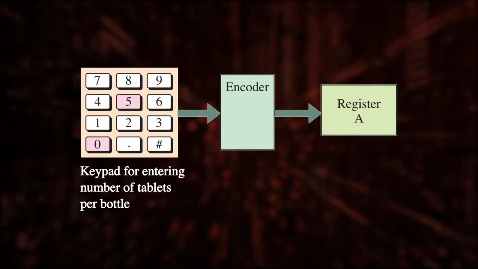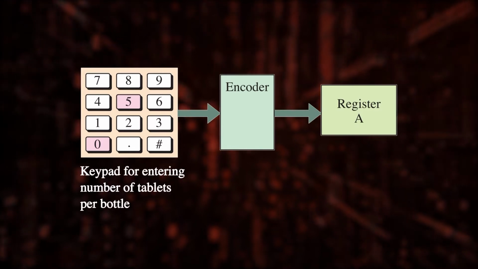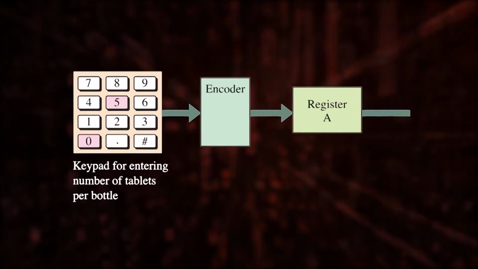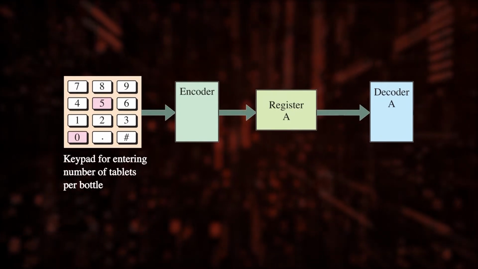If we need to display this count on a display board, that can be done only by decoding the data. The register stores the data in binary. So, to display the equivalent decimal number, we use a decoder, the next digital circuit we learned.